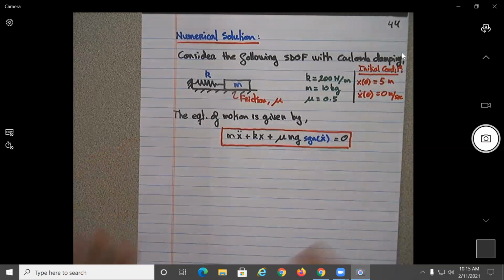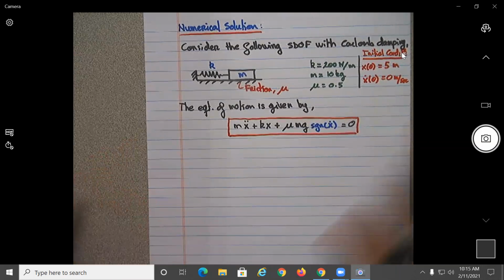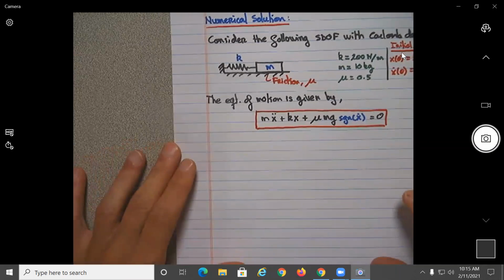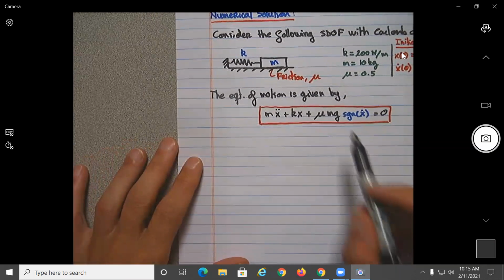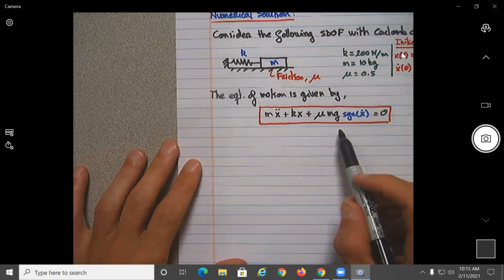Okay, so this is pretty easy to do in MATLAB, but at least let's do it once, okay? Once you do it once, you just need to modify your little function over and over. All right, so the whole secret is to rewrite this equation into the state space representation, okay?